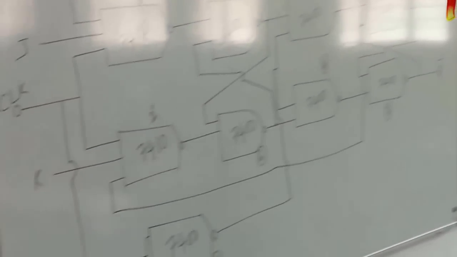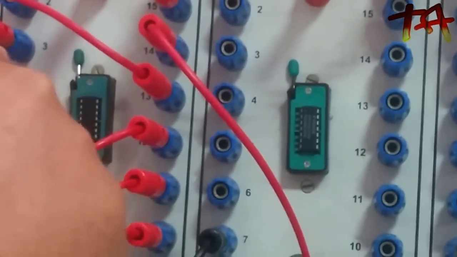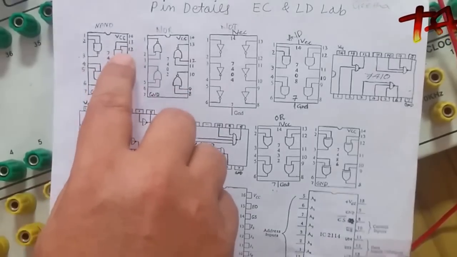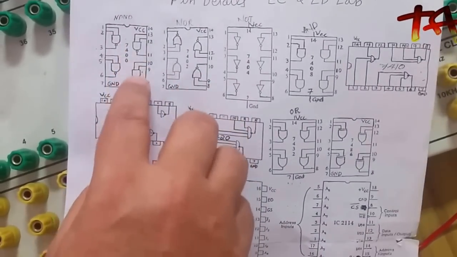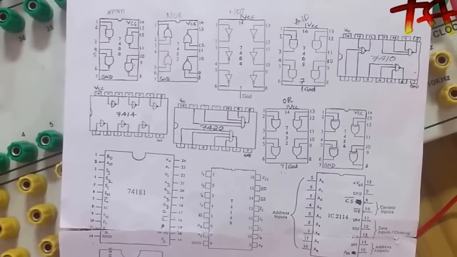Let us first identify which is 5 and which is 6. Here there are 4 gates in each IC. Therefore, 1, 2, 3, 4 belong to the first IC, and 5 and 6 belong to the second IC. This is the 5 and this is the 6 of the second IC.